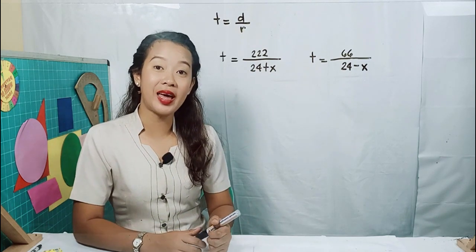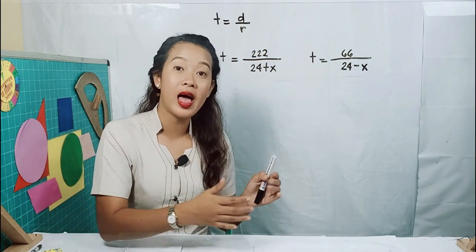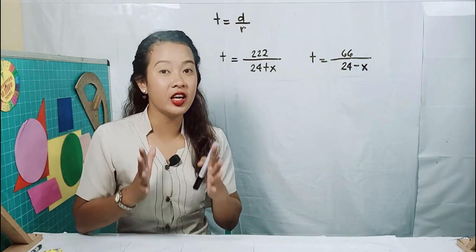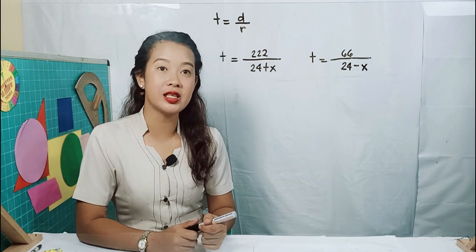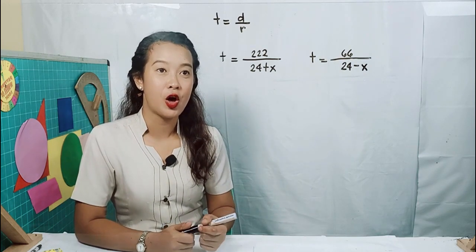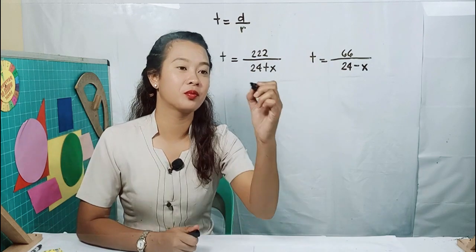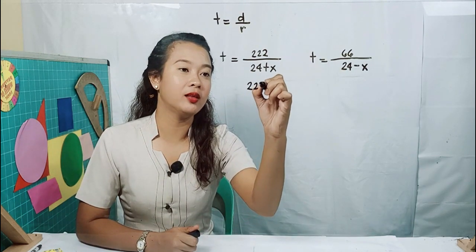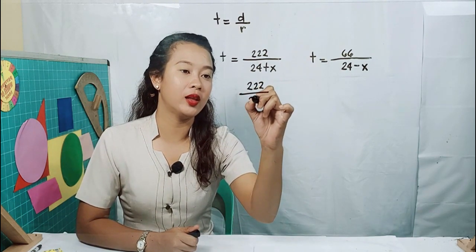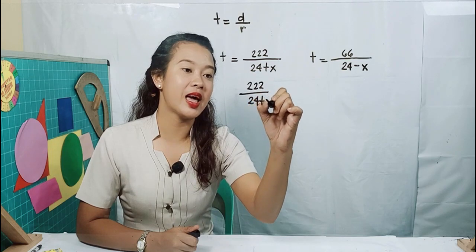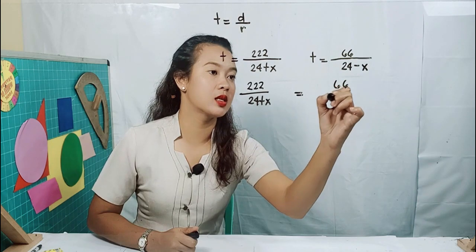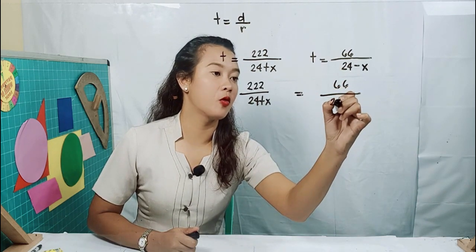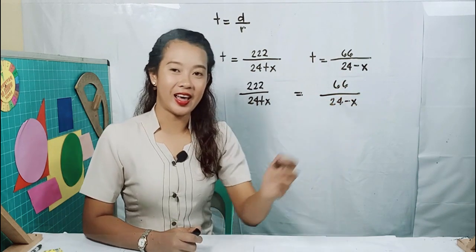Since the time spent in traveling along and against the current are equal, we can solve the value of x using a rational equation. We have the equation 222 all over 24 plus x equals 66 all over 24 minus x.